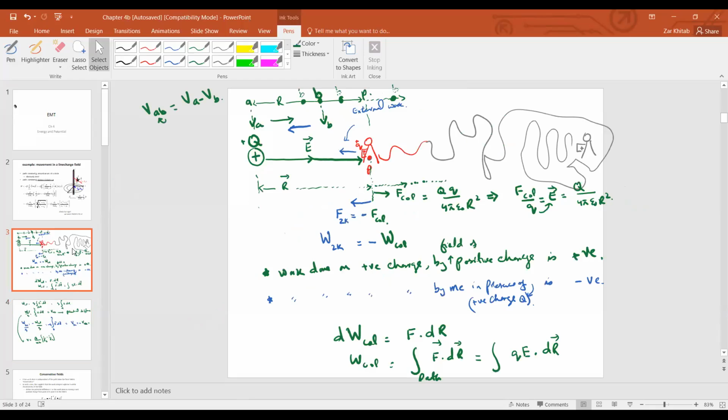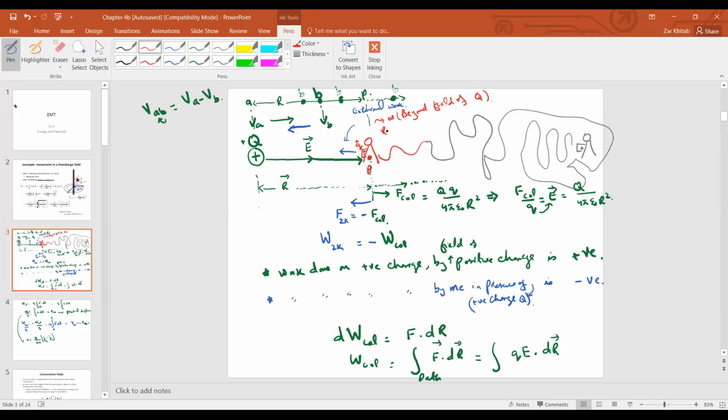Now, if I come back here, and when things are out of the field, I take them to infinity. Okay, beyond the field of capital Q charge, we have infinity.